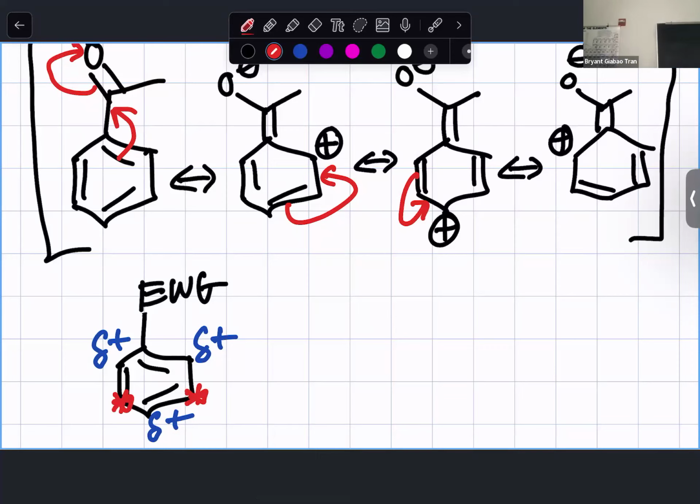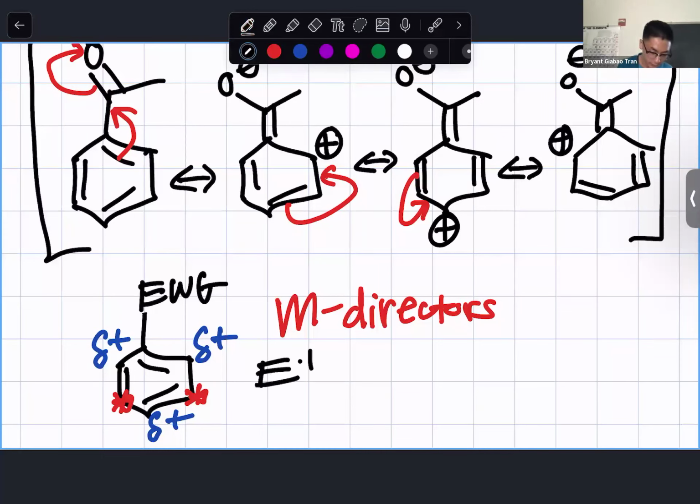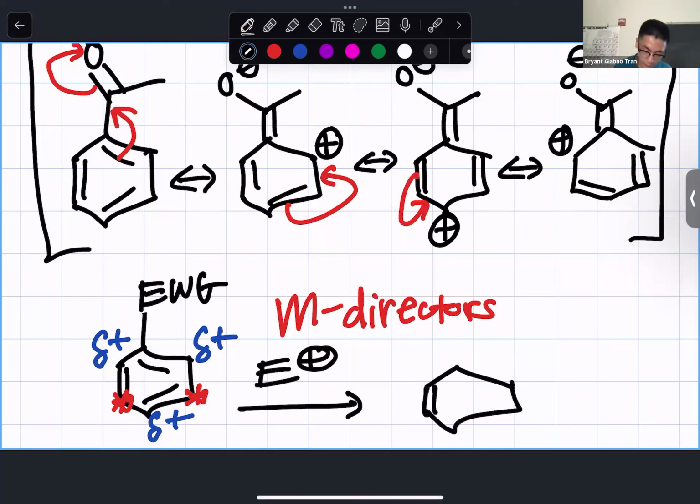Even though there's no negative charge, the neutral atom is a better nucleophile than the positive charge atom, which is why EWGs are meta directors. If we introduce an electrophile into this benzene ring with the EWG, the electrophile will attach to the meta position, because these meta positions are the best nucleophiles compared to these positive charge carbons.